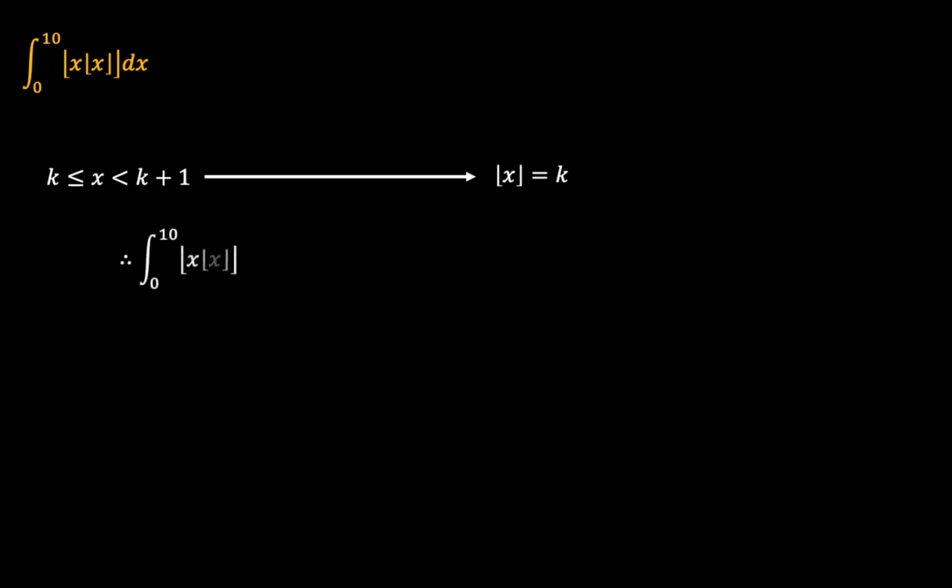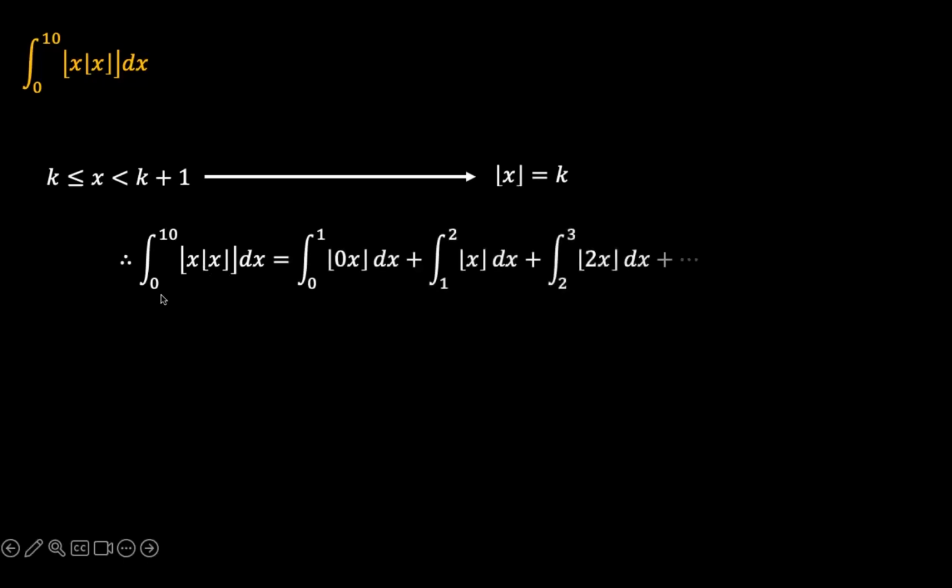So that means that now our integral of the floor function of x times the floor function of x from 0 to 10 is, between 0 and 1, since the floor function of x there is 0, so it's 0 times the floor function of x. Between 1 and 2, since the floor function of x there is 1, so we have the floor function of x.